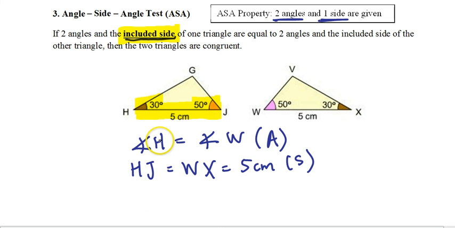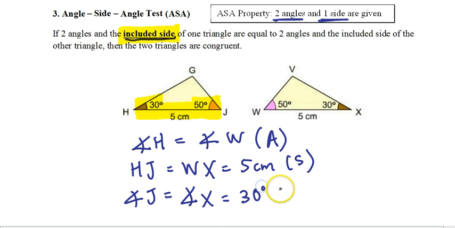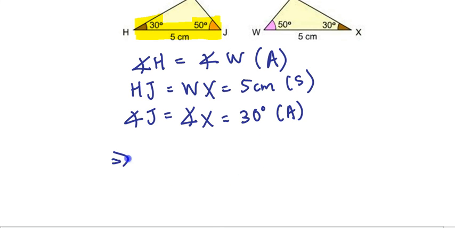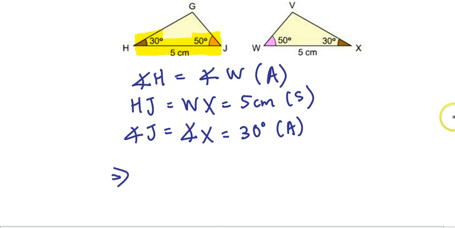And angle J is equals to angle X is equals to 30 degrees. So this gives you your A. And therefore, you can prove that triangle HGJ is congruent to triangle WVX.